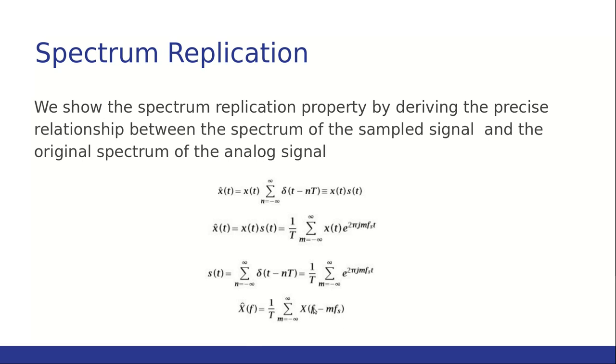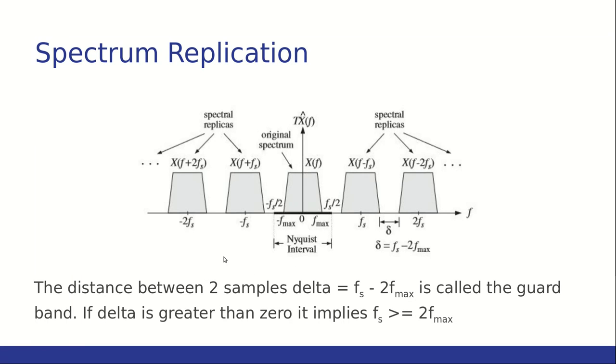here we see that the frequency spectrum X of f is being repeated at a period of fs continuously. This picture here sums up what we have discussed in the last slide.